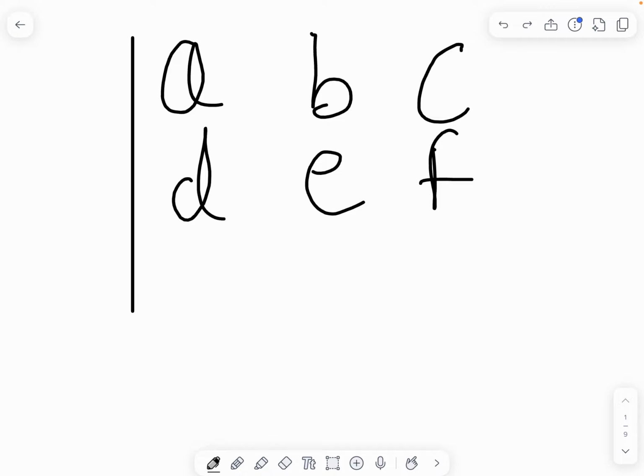Actually, let's do Greek symbols, because Greek symbols are cooler. So I'll just start with alpha, beta, delta, and gamma.